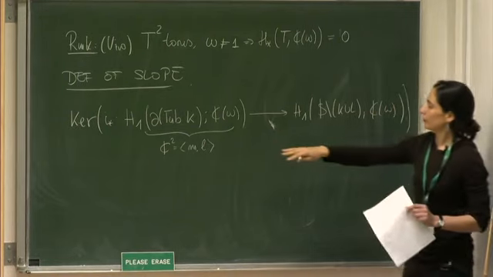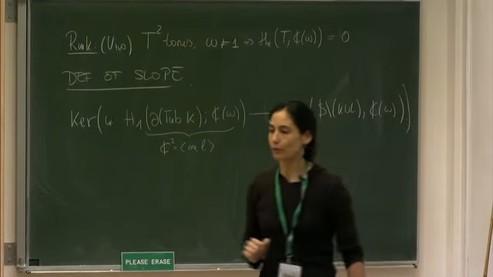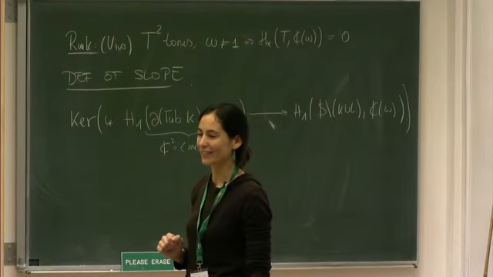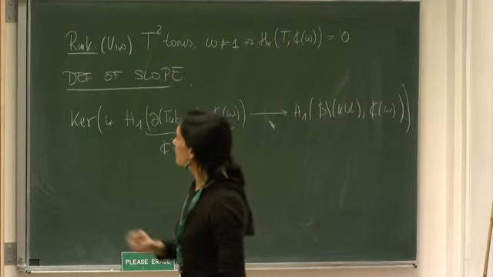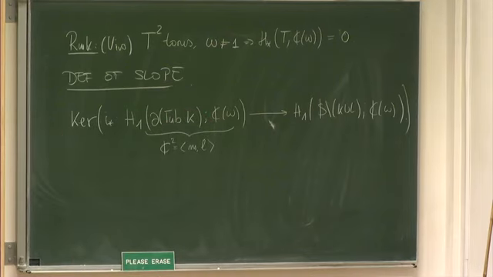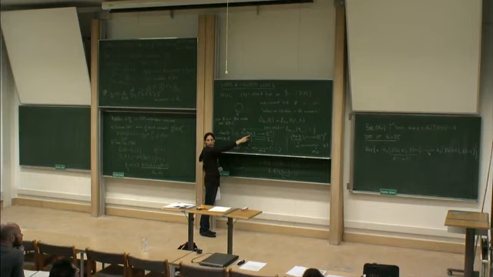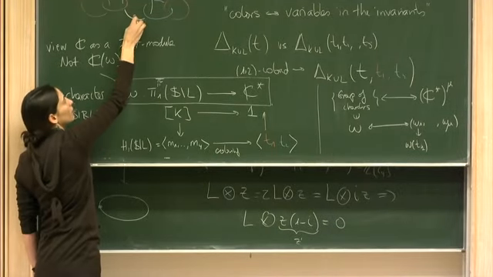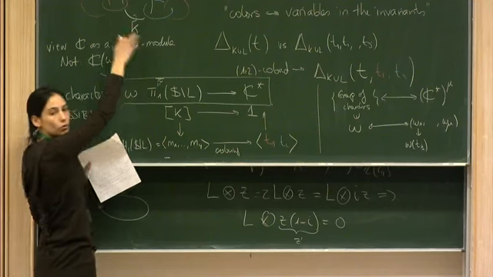So I have some H1. I probably wrote something wrong then. I remind you that the character is defined on S minus L. So the meridian of K goes to 0 just because it doesn't see the other ones. And I am asking K to go to 0.